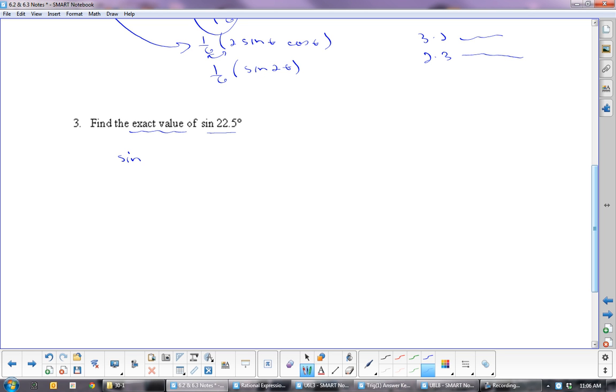Sine, I can do this because I know what 45 is on the unit circle. And this equals plus or minus root of 1 minus cos 45 all over 2.